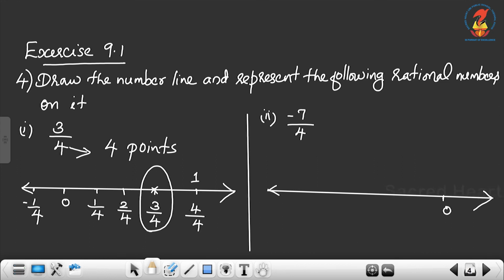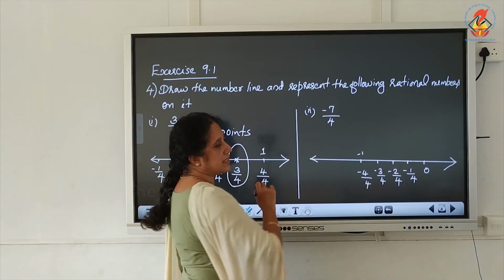So, we have to mark 4 points at equal distances. 1, 2, 3, 4. Therefore, the first one will be negative 1 by 4, negative 2 by 4, negative 3 by 4, negative 4 by 4. Negative 4 by 4 means it is a negative 1.